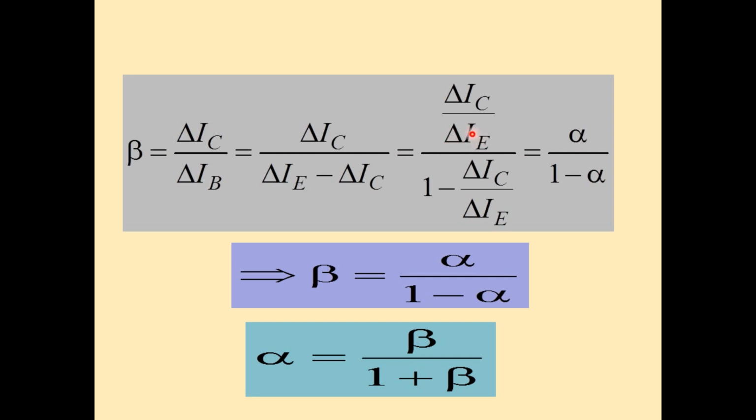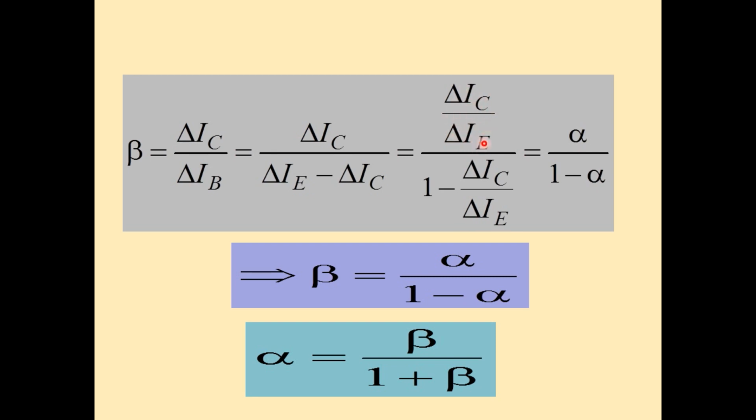So numerator and denominator are divided by delta IE. So delta IC by delta IE divided by 1 minus delta IC by delta IE.